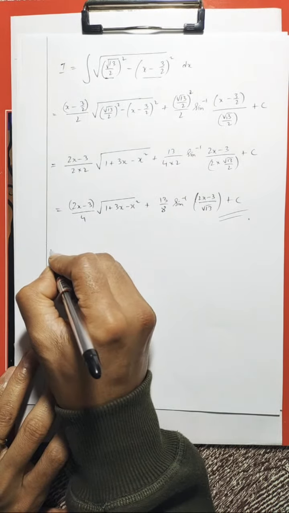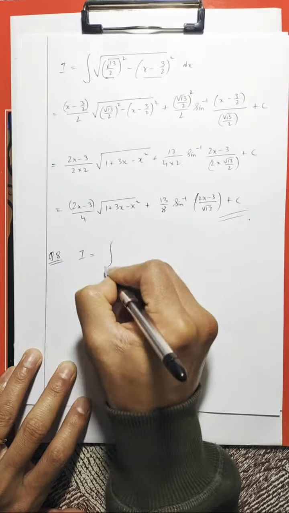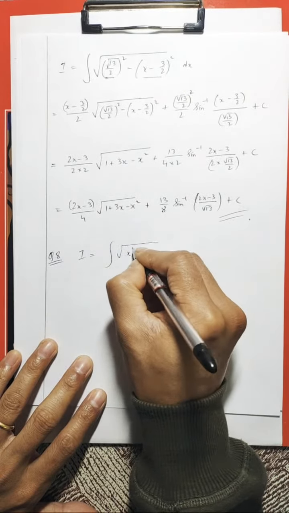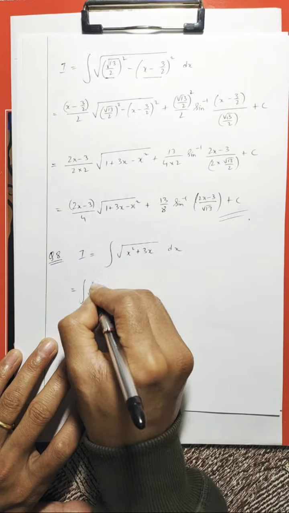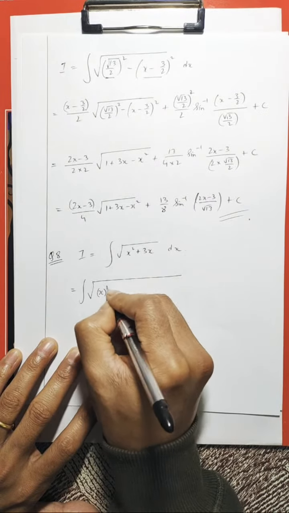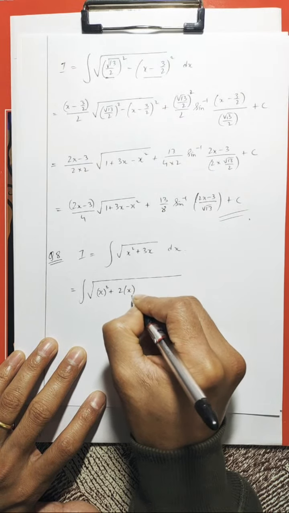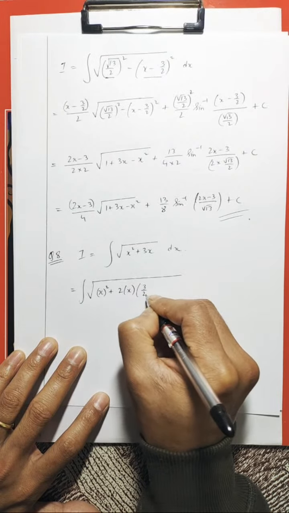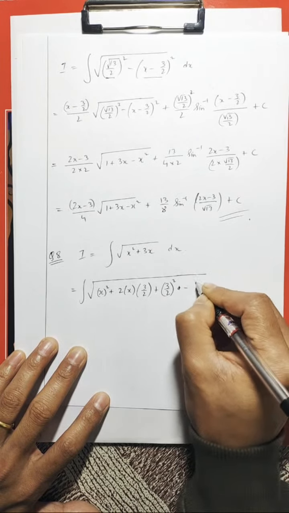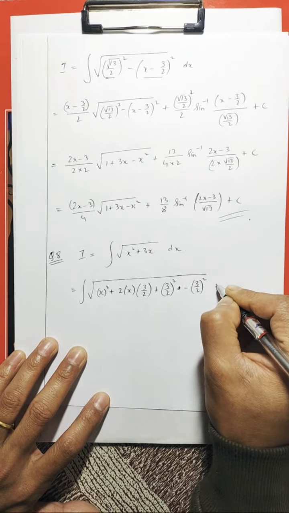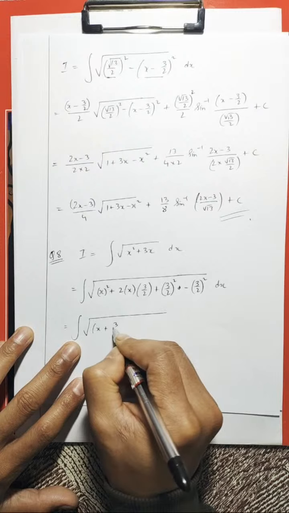You can note it down. We'll go to now 8. Alright, so x square plus 2 into x into 3 by 2 plus 3 by 2 whole square minus 3 by 2 whole square with respect to x, so that will be root over of x plus 3 by 2 whole square.